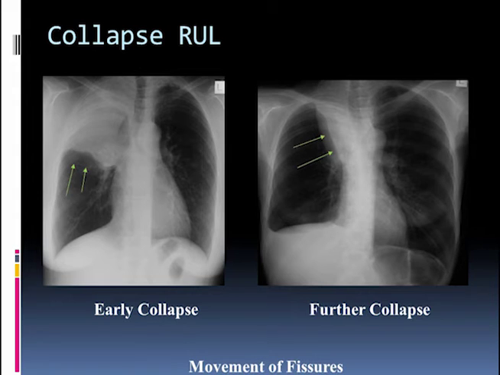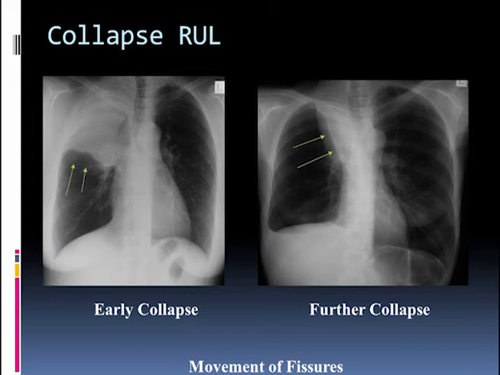Now, some of the indirect signs of collapse on the film on your left are the diaphragm is up a little bit and the main stem bronchus is elevated. The mediastinum is shifted very little towards the right side.